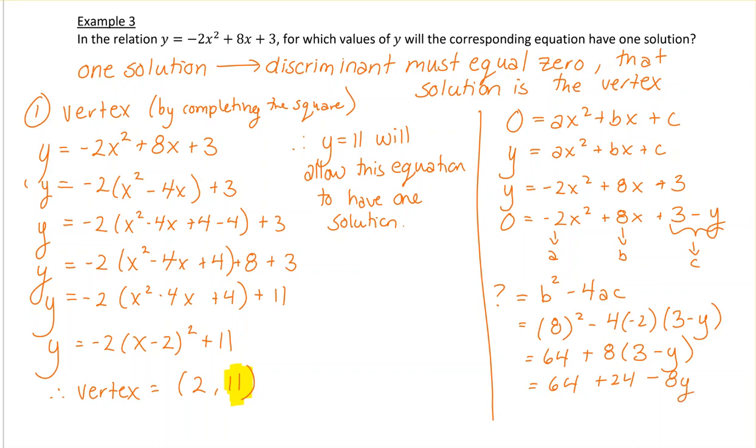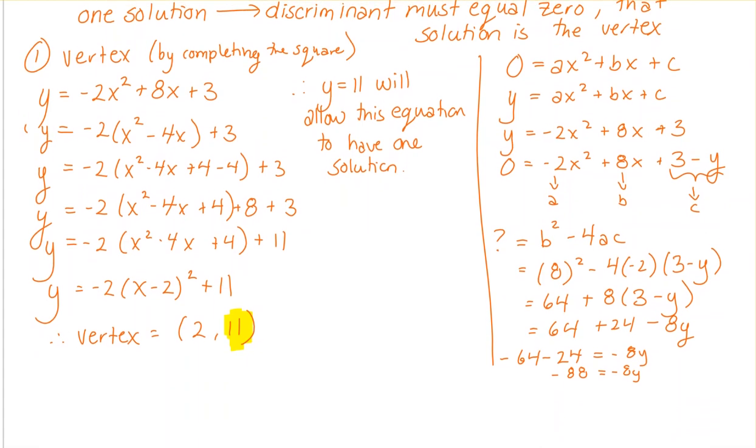Now this simply becomes an isolating problem where we need to get our variables to one side and our constants to another. Negative 64 minus 24 equals negative 8y. That would be negative 88 equals negative 8y. Divide by negative 8 on both sides, and y is equal to 11, which is the same answer we got there. So there are two different ways that you can set that up and solve that problem.